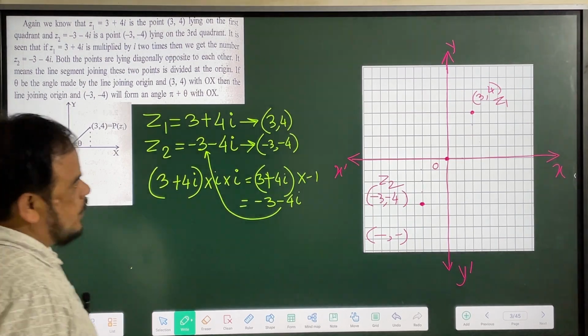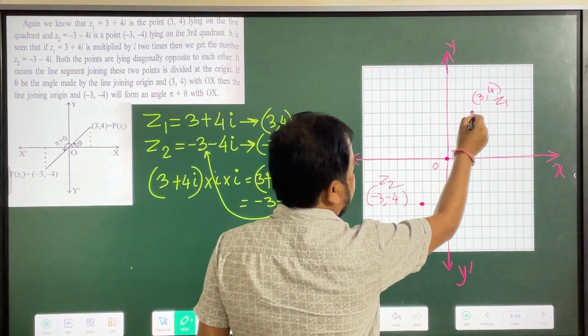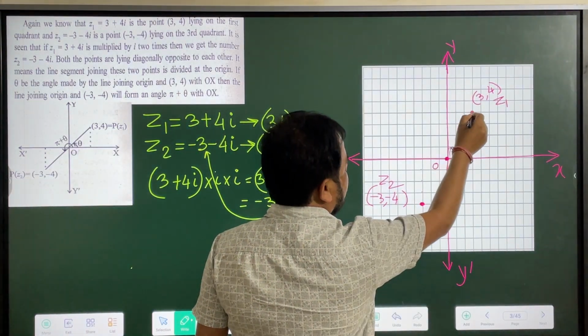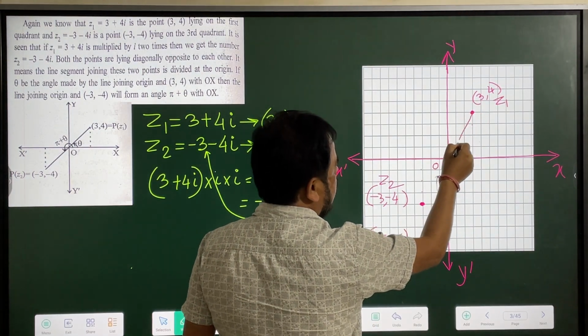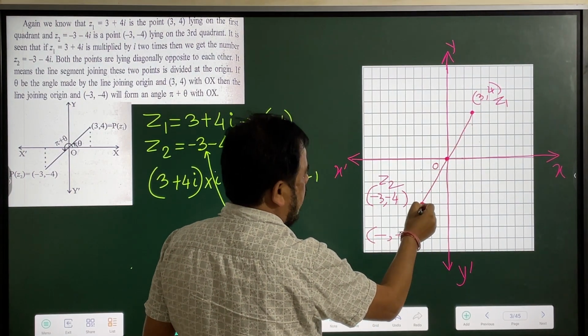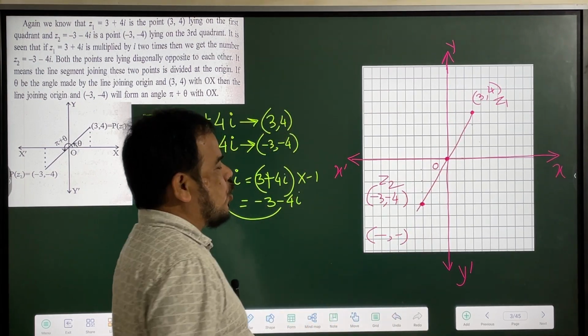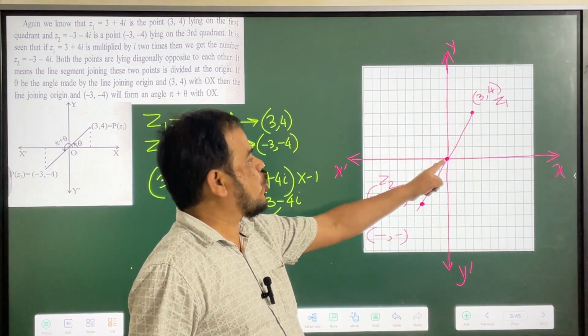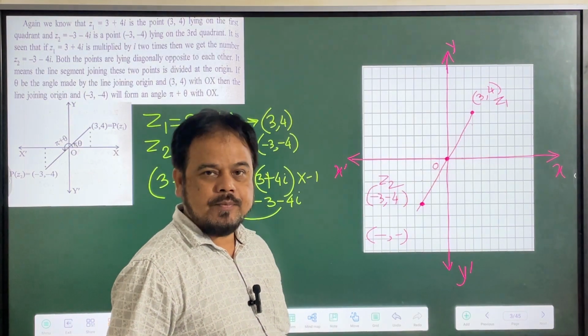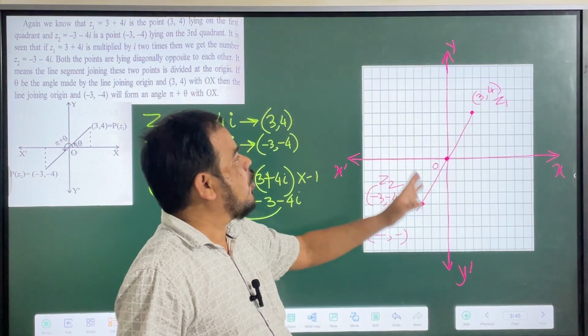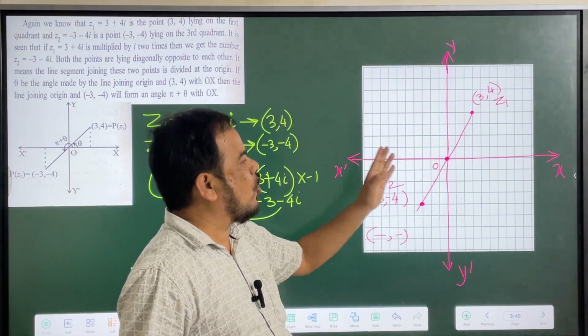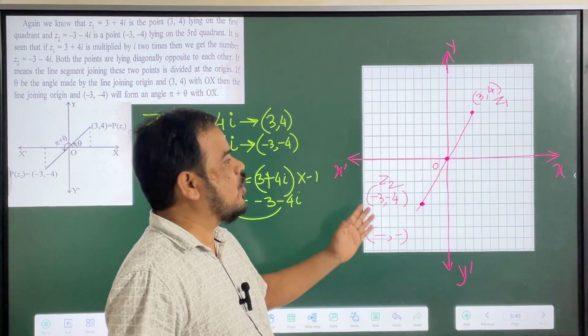Now, if we draw a line joining these 2 points, this line segment will surely pass through the origin, and both the points will always be in opposite quadrants to each other.